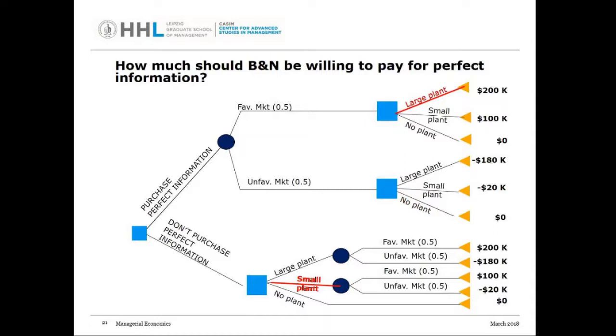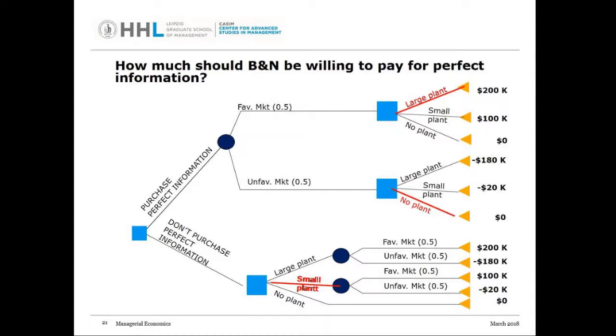However, if we now look at the upper part of the tree, in a favorable market, what is the best that the firm could do? We have to compare large plant, small plant, and no plant. We know that the highest payoff is for a large plant, and therefore this is the best alternative. For the case of unfavorable market, the best outcome is for not building a plant at all.